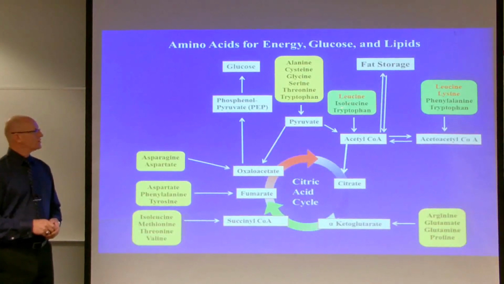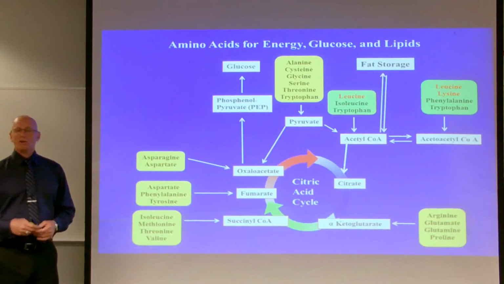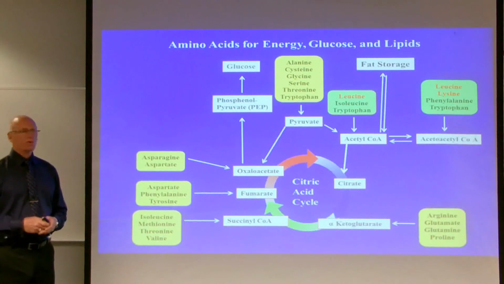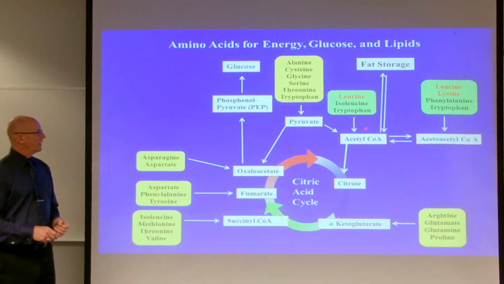Now, there are some of these amino acids, like leucine and lysine, that are specifically ketogenic. They will not participate in making glucose. Leucine, isoleucine and tryptophan will enter into acetyl-CoA, and they can thereby go into fatty acids, 2 carbons being added at a time to build a fatty acid for fat storage.